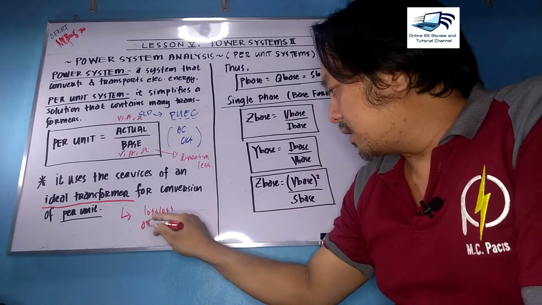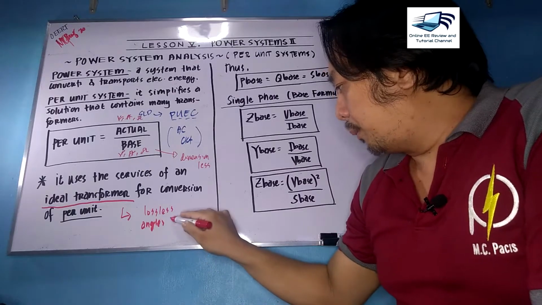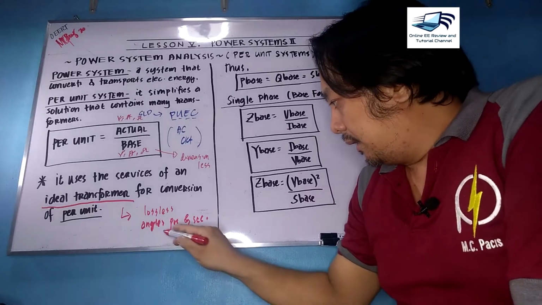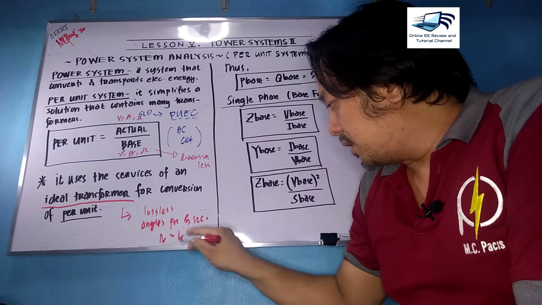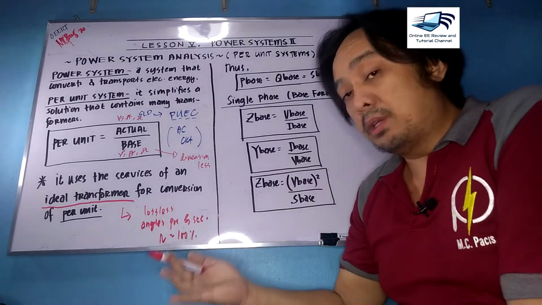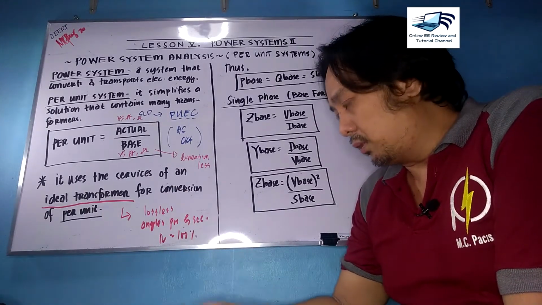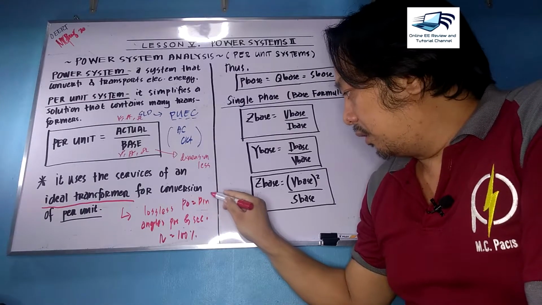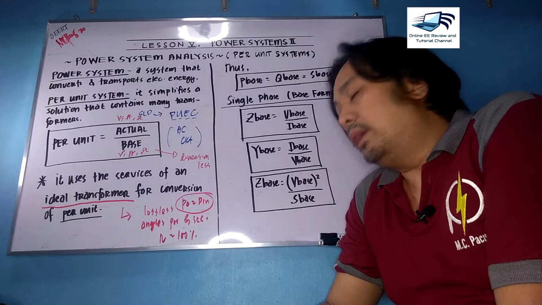Also, the angles of your primary and secondary are unaffected, and thus it is a transformer with 100% efficiency. Since you have a lossless transformer, your output will be equal to your input. Therefore, your efficiency is 100%.